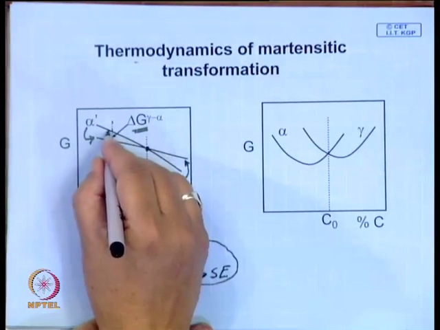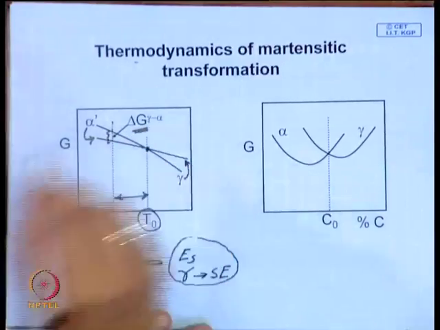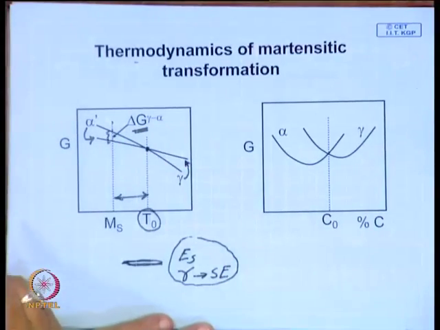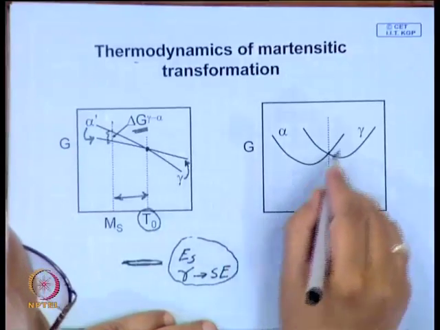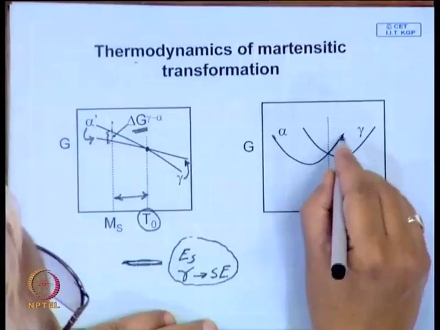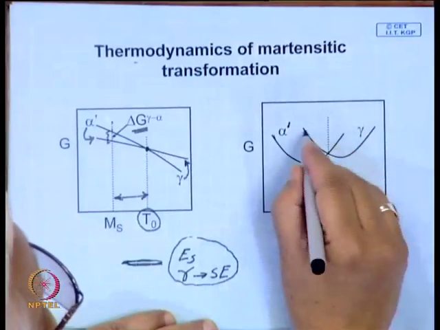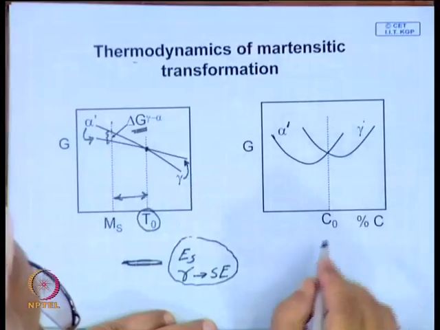And when you have a certain amount of driving force, this is the free energy or the driving force for the martensitic reaction. If you look at the free energy composition diagram, here also it is shown, this is the free energy composition diagram of martensite, and this is the free energy composition diagram of austenite at a particular temperature.